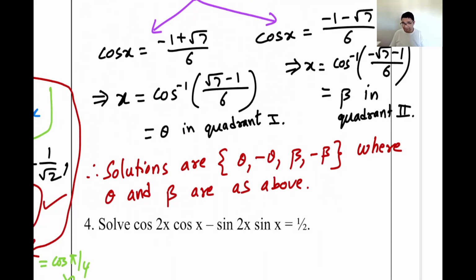And this you might remember, I think I mentioned in the previous lesson also, when you have cos x equals cos theta, there are two solutions, theta and minus theta, because cos is an even function. Cos of minus theta will be the same as cos theta.